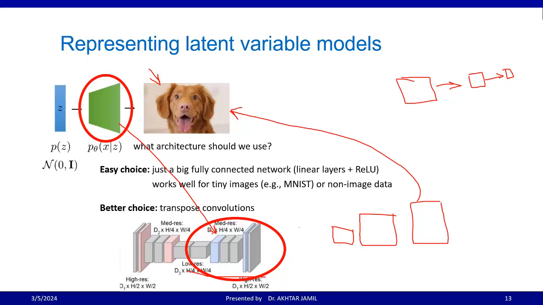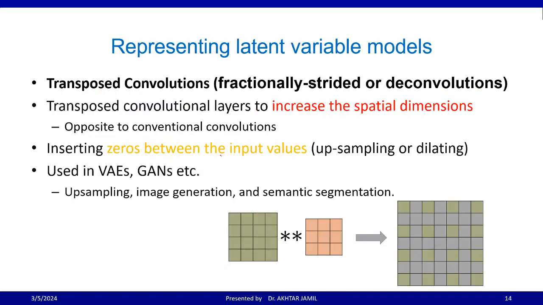But here, in this half, we are given a smaller image, think like this, and we are trying to upsample it or increase its spatial dimensions. So this is why we use transpose convolutions here. An example of these transpose convolutions you can see here. These are also known as fractionally strided convolutions or deconvolutions.